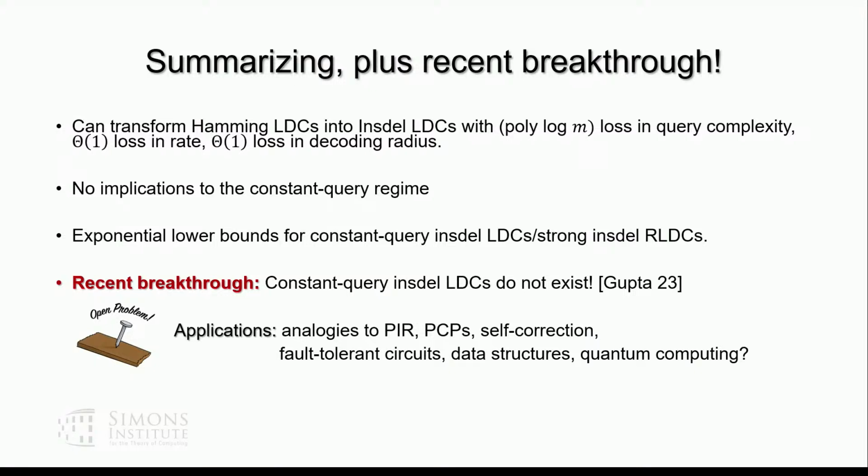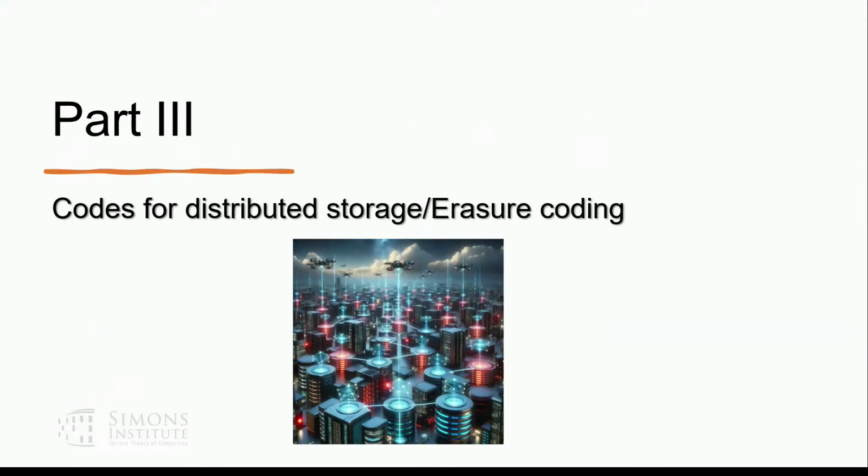Hamming LDCs have lots of applications throughout TCS. Can we come up with any analogies that are meaningful in the insdel version? Probably in the data structure world one can, but it would be interesting to see what else can be done with insdel LDCs.